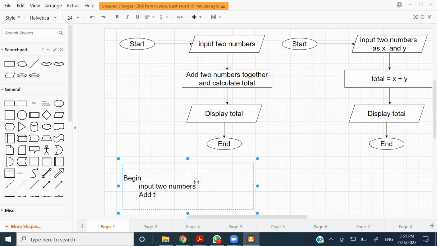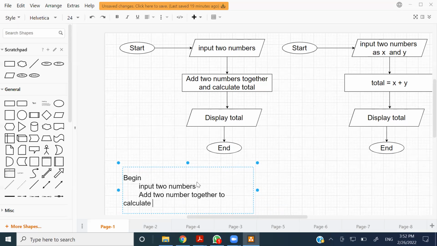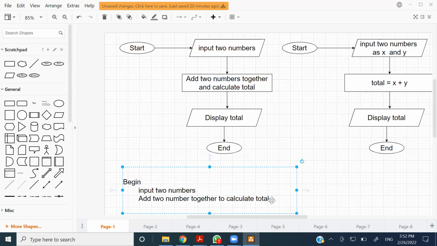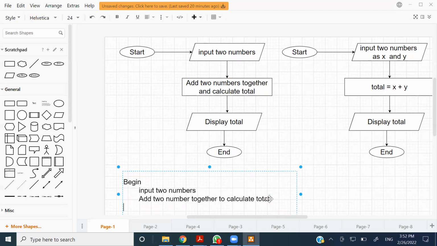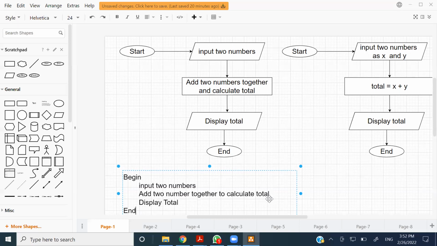And I can say add two numbers together to calculate total. And display total. And then I can put in end. Simple as that.